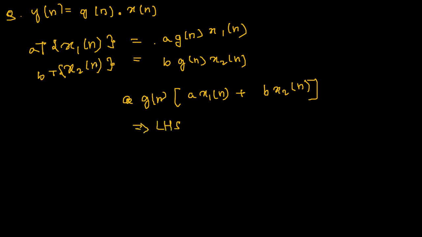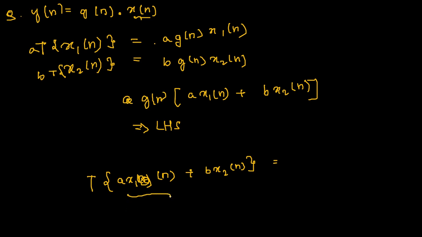Now for RHS, what I do is I add both the signals and then I perform the transformation on it. So I'll simply write T of A x1 of n plus B x2 of n, and that gives us, what you basically do is multiply g of n with whatever the input function is.